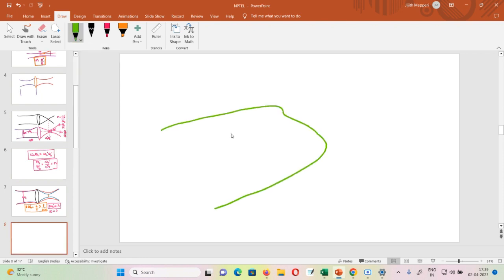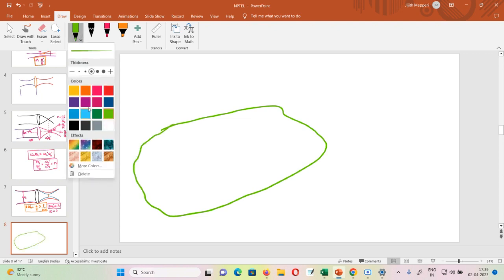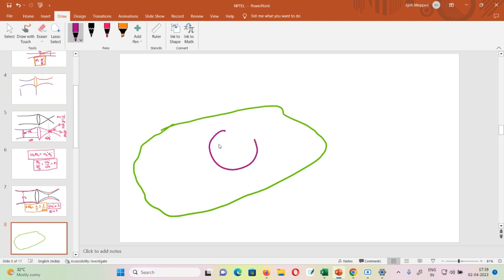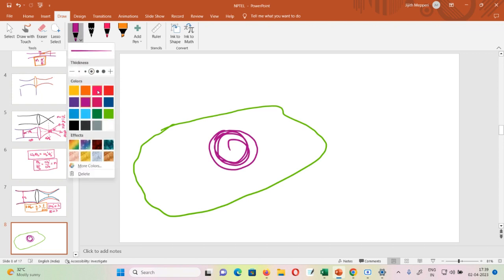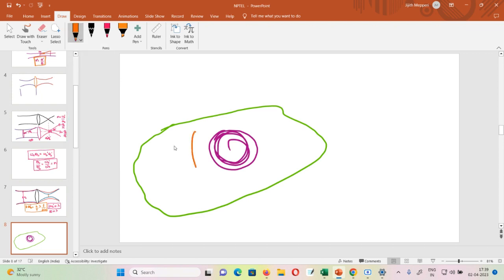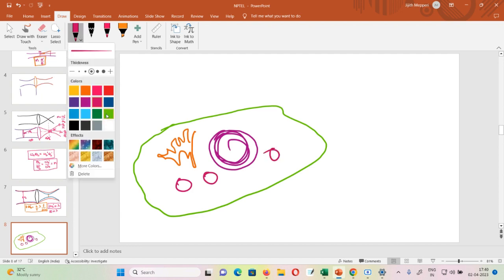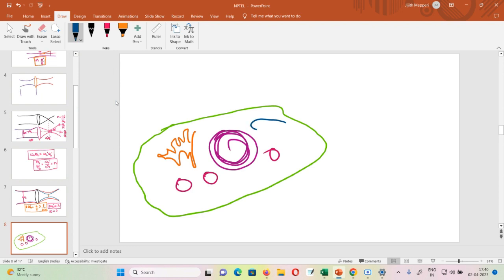I have my nucleus, and different organelles like endoplasmic reticulum, different vacuoles, some ribosomes, mitochondria and other things. Now see how I am going to view it through a microscope.